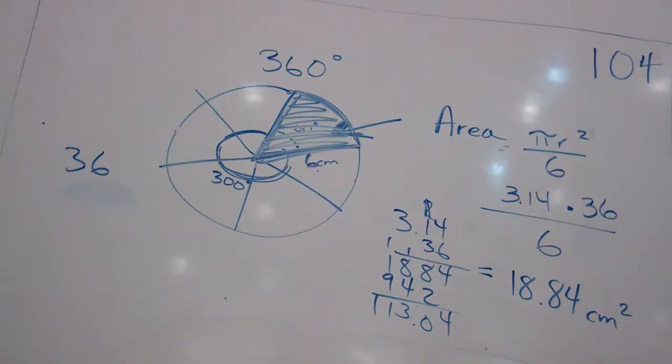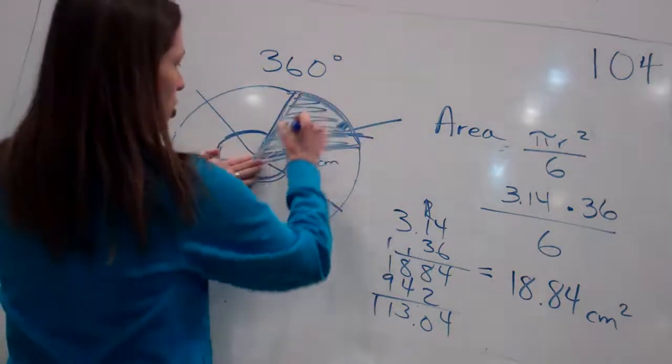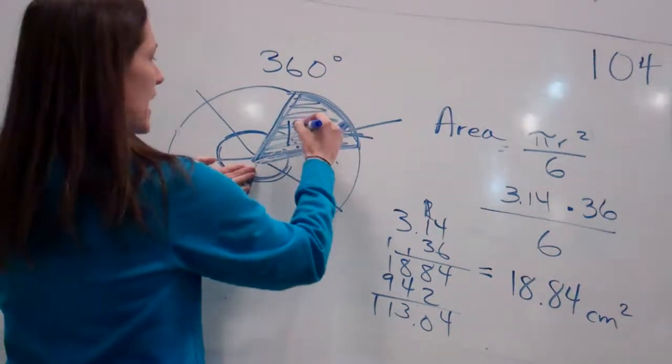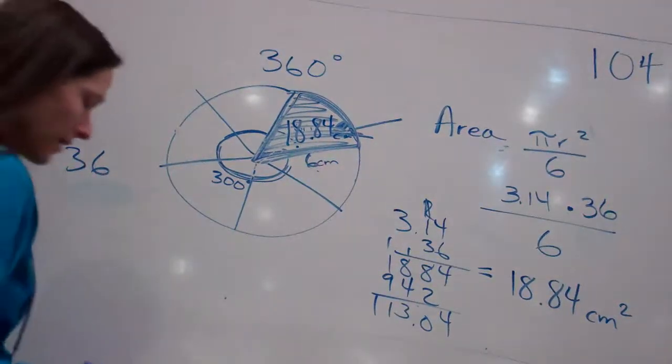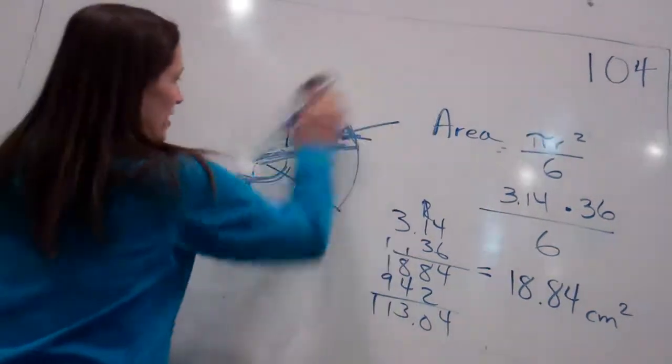Does everybody feel like they got it? So this portion of our circle is 18.84 centimeters squared. Everybody understands how to do it?